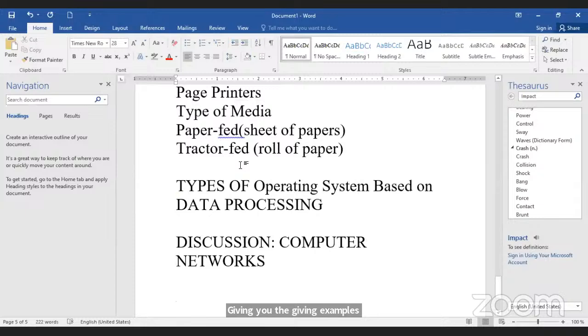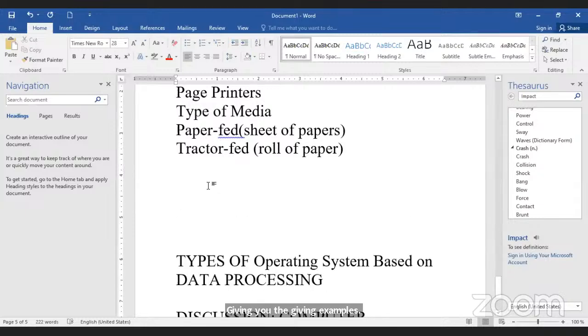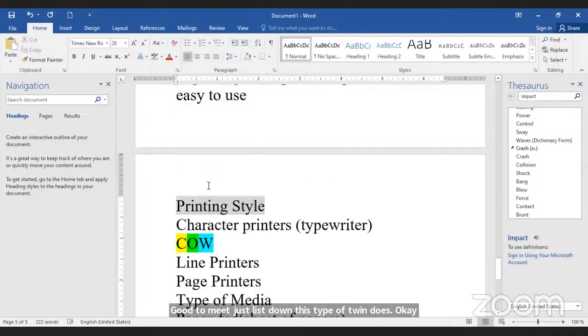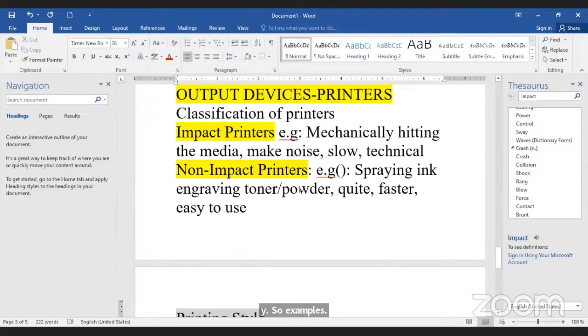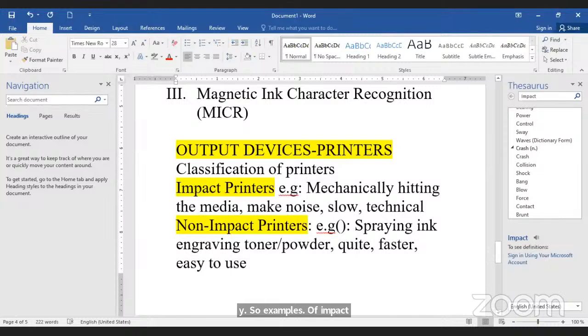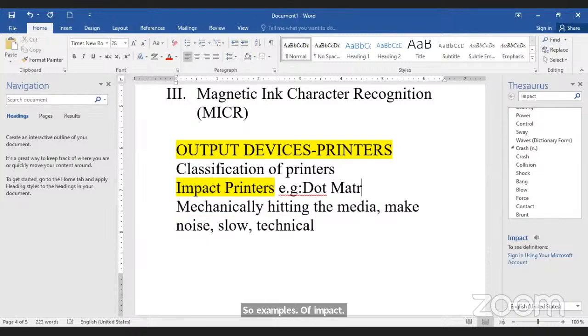Let me just list down this type of printers. Okay. So examples of impact. Mliniambia, mjui kama mmejibu. Have you come across matrix printer? Matrix printer. Let me just save on time.